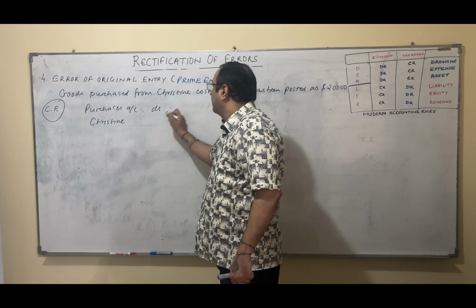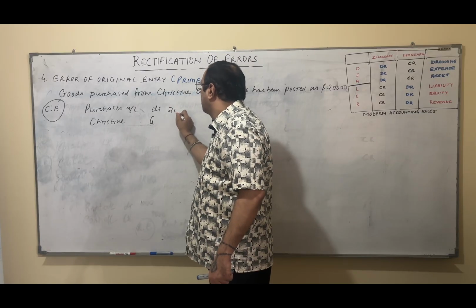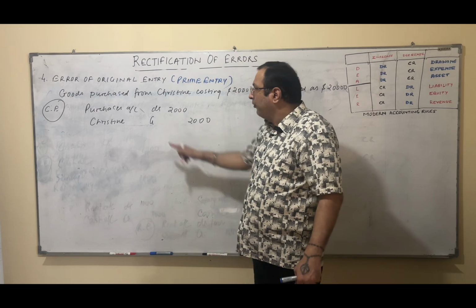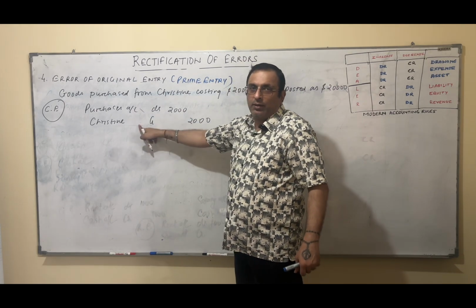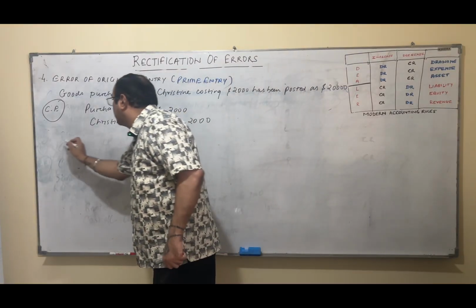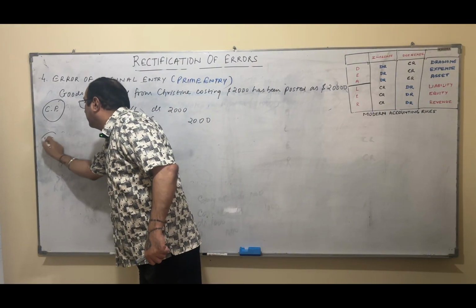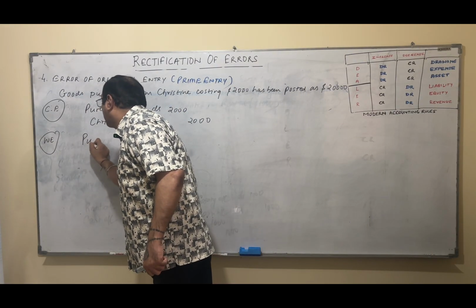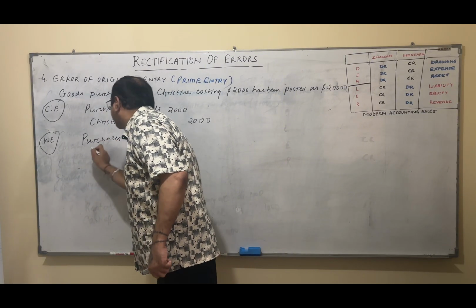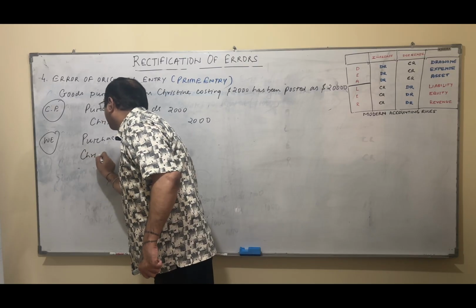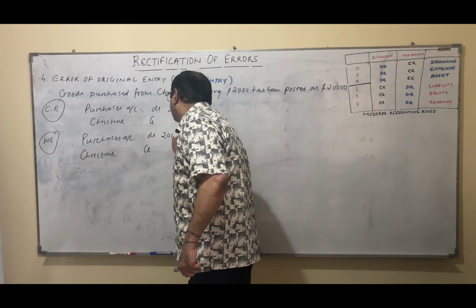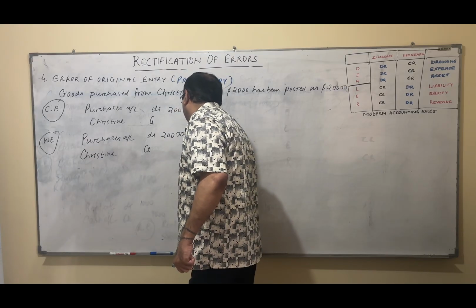The cost was actually 2000. See, you can observe one thing, we have not done any mistake in the entry. We have just recorded the amount wrong. Actually, the entry is not wrong. The entry is correct: purchases in debit, Christine in credit. But the amount is wrong.